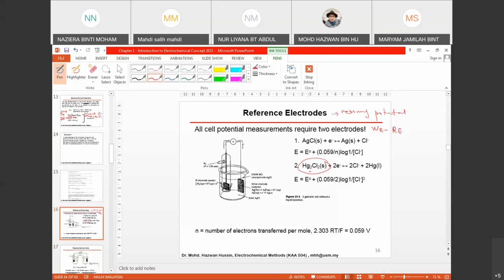In what? Galvanic cell. Okay. How about where do you think you can find mercurous chloride? Thermometers. Thermometer. Mariam?